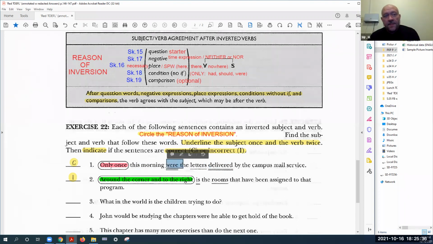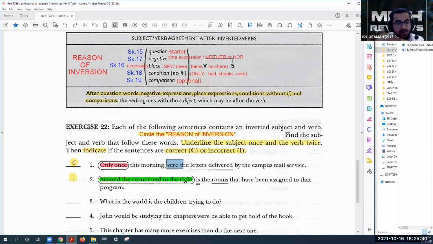Very good. Osama, can you explain number 2? Yes. Around the corner and to the right is the rooms that have been assigned to that program. Good. Just before you tell me the correct sentence, number 1, which skill was that?